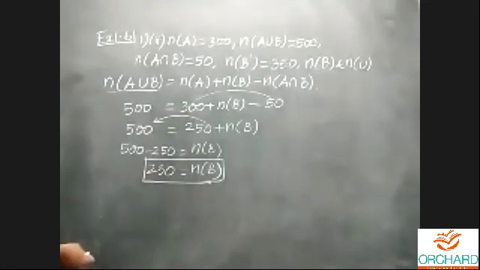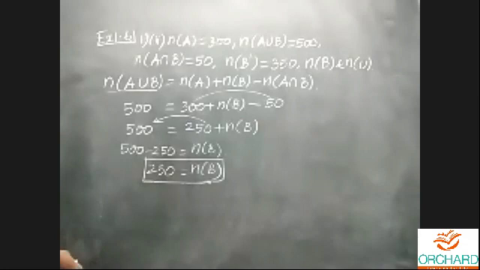Next, I'll move on to identify N of U, that is, the universal set. How many elements are in the universal set? N of U is equal to, here we know N of A, but we also know two pieces of information about set B: N of B and N of B dash. Now we can substitute these two values: N of B plus N of B dash.